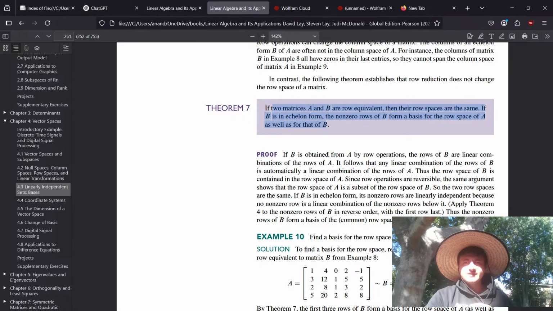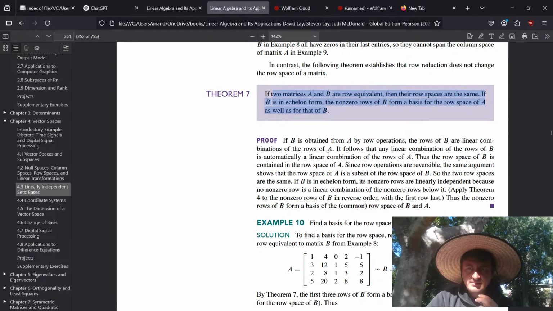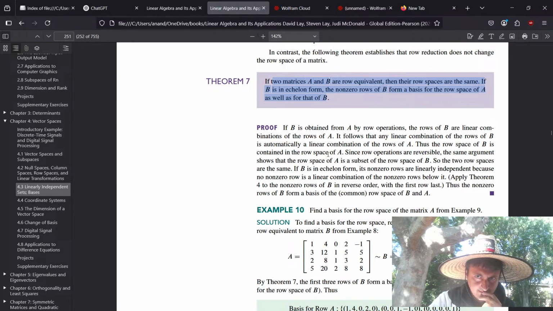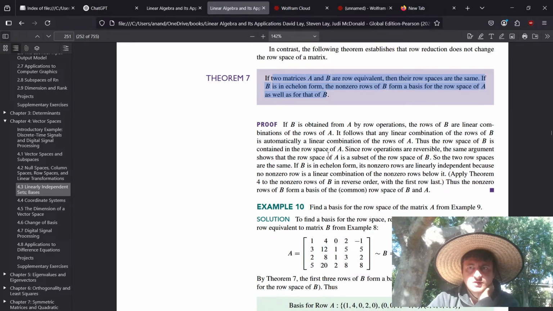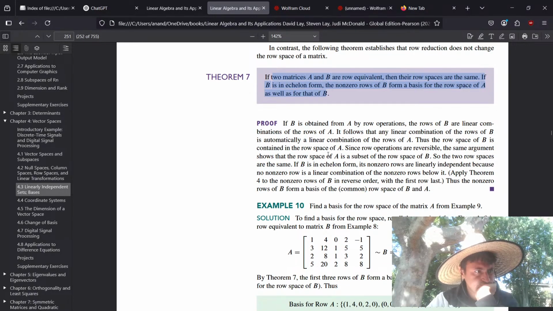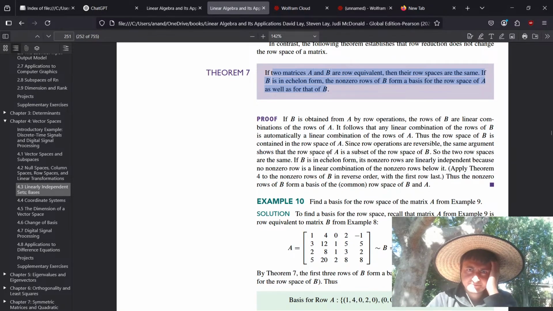So the proof is, if B is obtained from A by row operations, the rows of B are linear combinations of the rows of A. Yeah, okay.